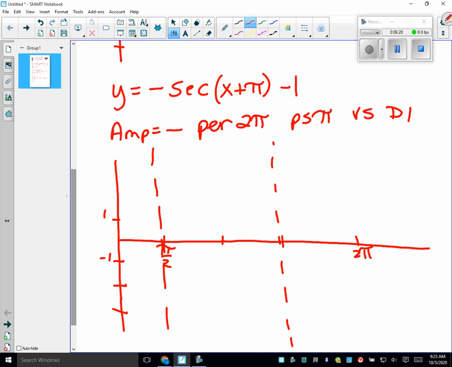Did you put the negative in? I put the negative in, it goes up. I think I did something wrong. Is it because of the phase shift? Yeah, it is. That's why it's going up, because we shifted it.